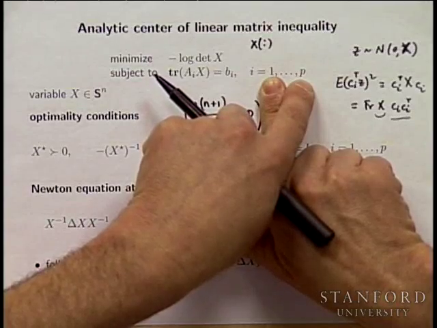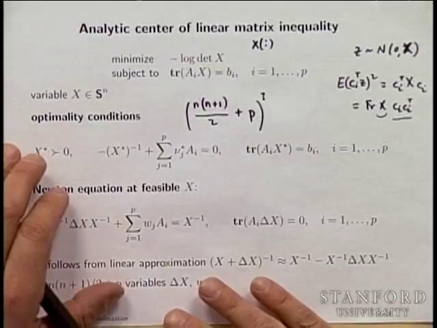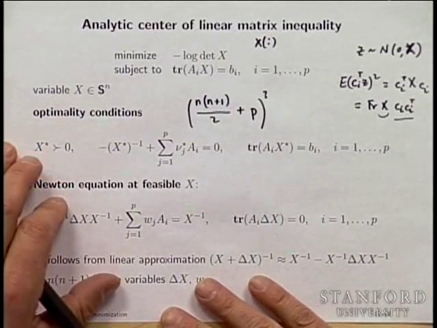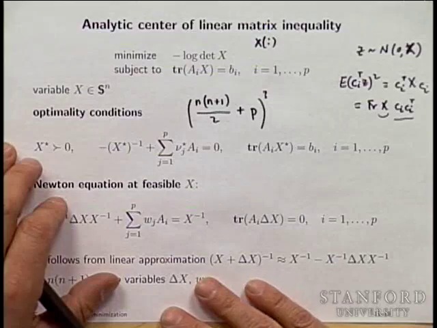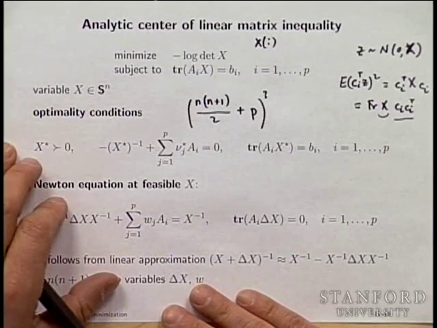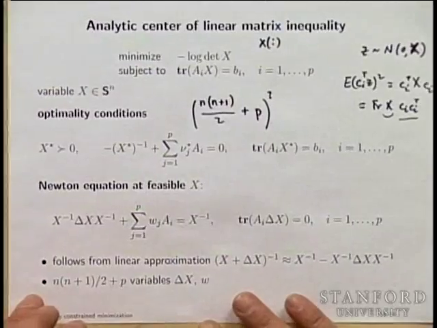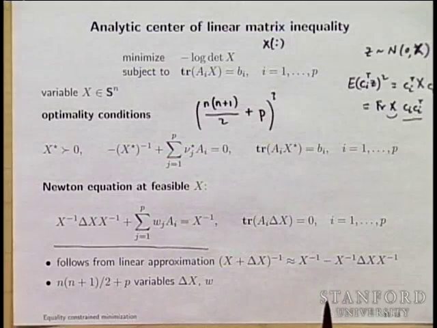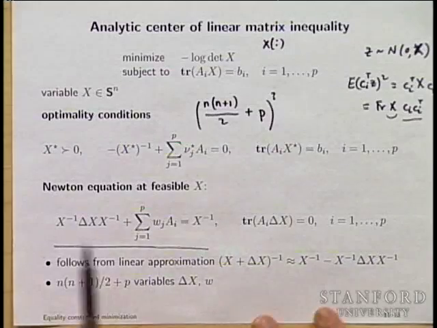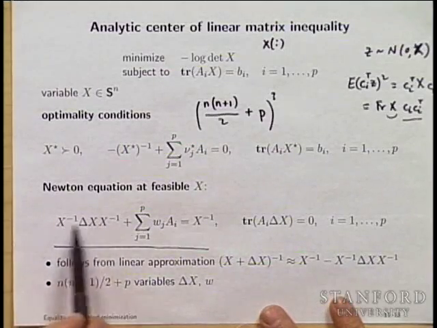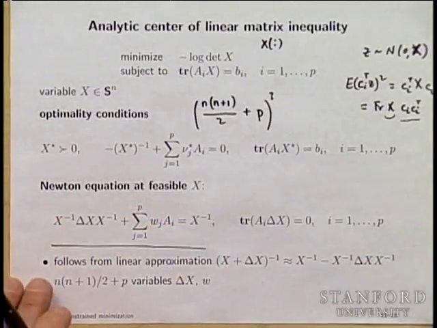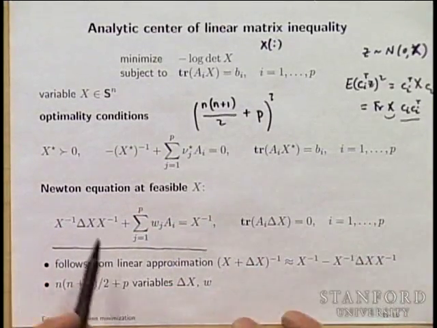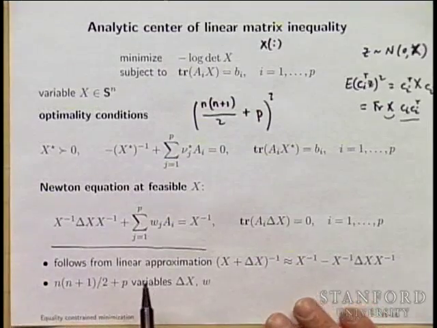It's a dense set of equations, completely dense in general, so no sparsity trick is going to help here. Those equations, however, look like this. That's a matrix equation: X inverse delta X X inverse. This is, in fact, something like the Hessian. It's complicated, but it looks like that. And there's a very simple way to derive this, actually.